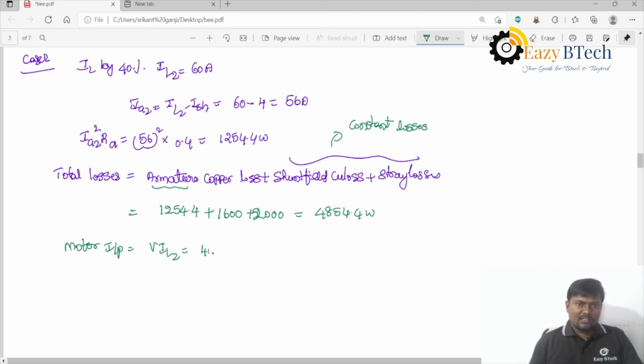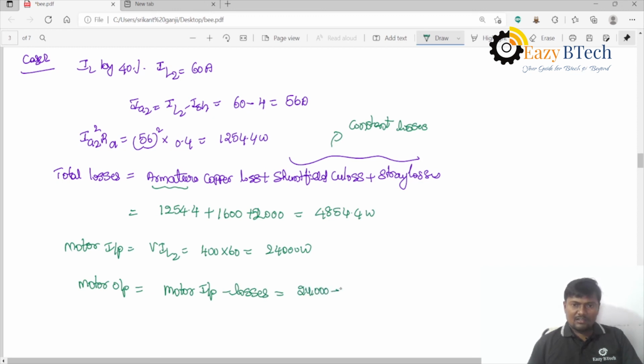Then finally the motor input at this condition is V into IL2. The supply voltage is 400 into 60, which is 24,000 watts. Now what is the motor output? The motor output is equal to motor input minus losses, that is 24,000 minus 4854.4, which is 19145.6 watts.